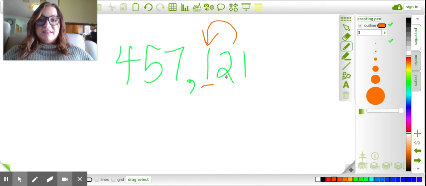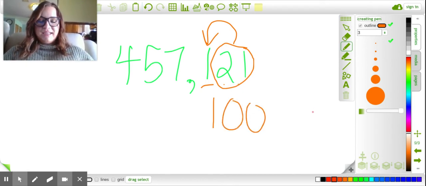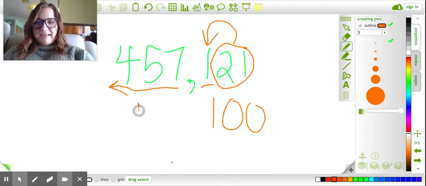2 is 0 through 4. So the 1 is going to stay the same. Everything to the right of the underlined digit turns into a big old fat 0. We've got 2 digits, so we've got 2 zeros. And everything to the left of the underlined digit just stays the same.